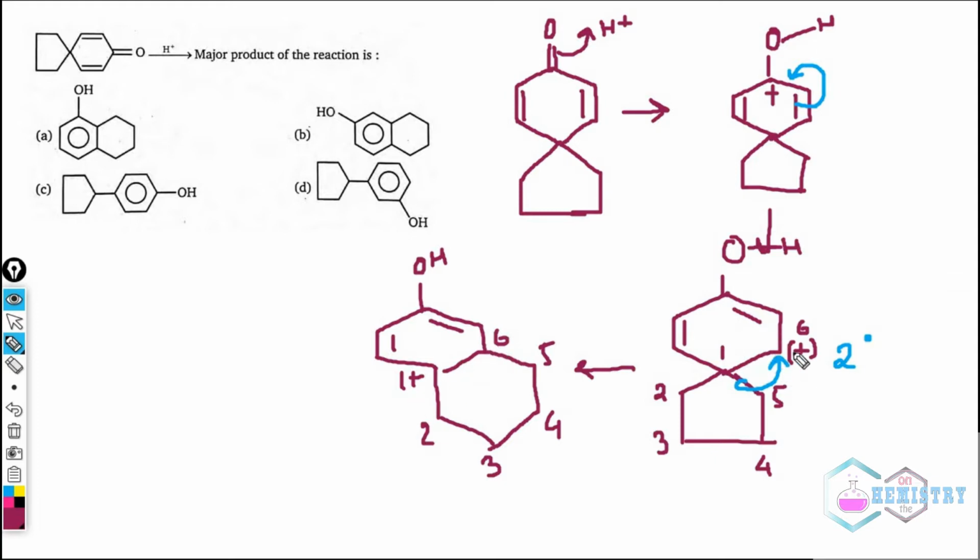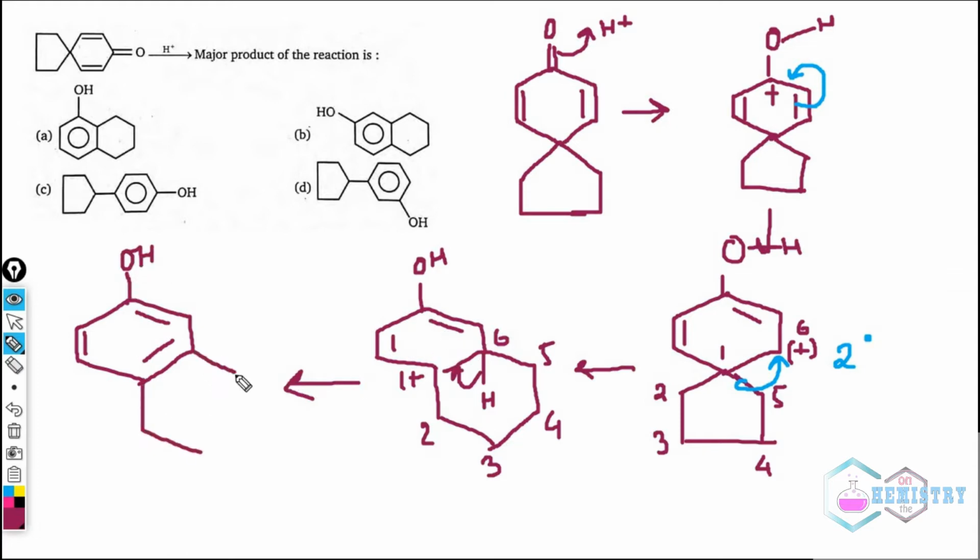Now on that carbon, number 6, there is a hydrogen which will be removed to give aromaticity in the ring. Why aromaticity? Because an aromatic ring gives the compound extra stability, and hence aromaticity will form, and this is the final compound that we can get.